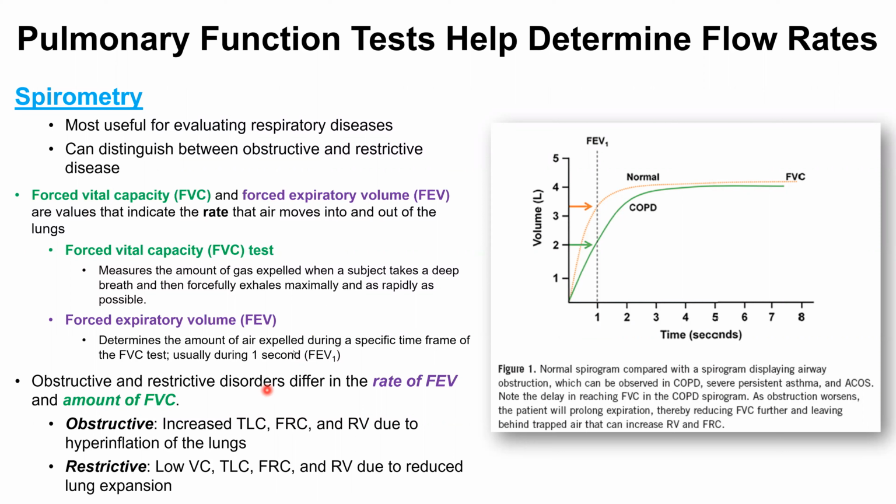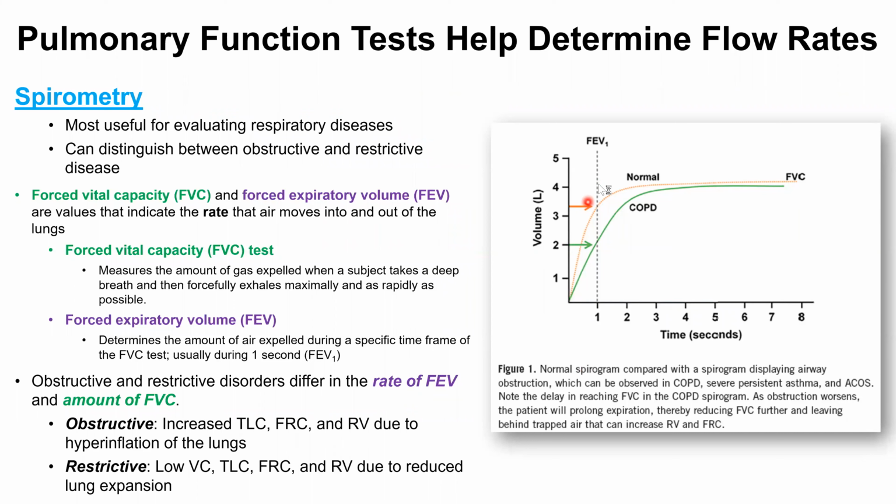Now, the reason why these things are useful is because obstructive and restrictive disorders differ in their rates of FEV and their amount of FVC. So, I put an example here for an obstructive disease.